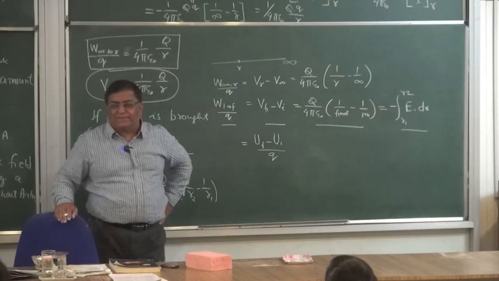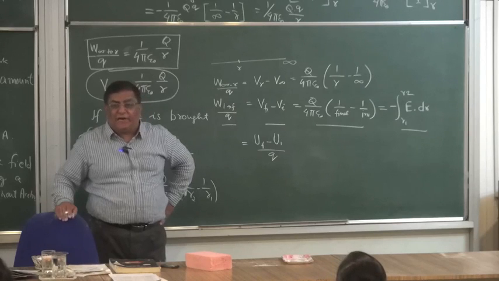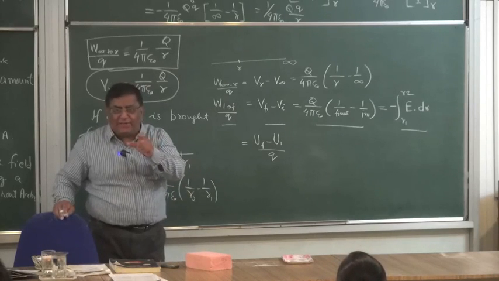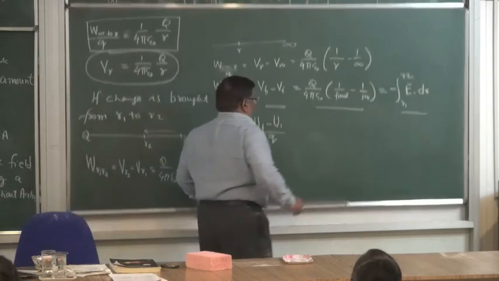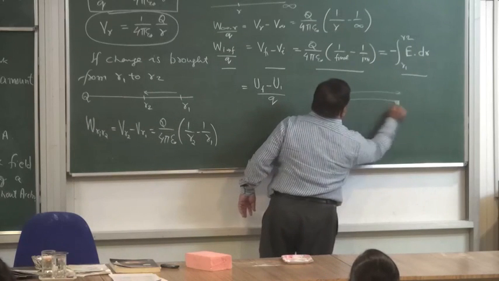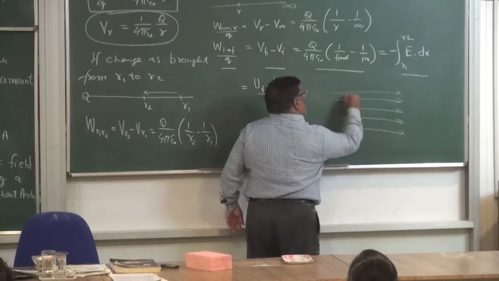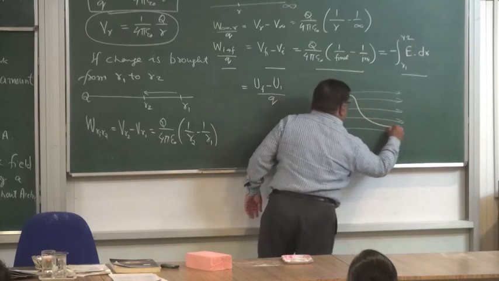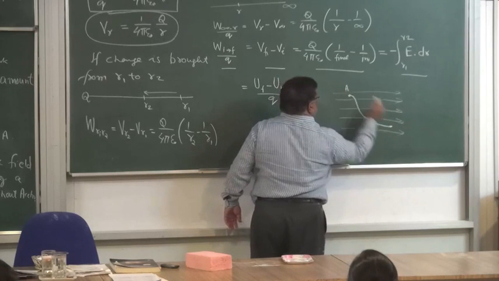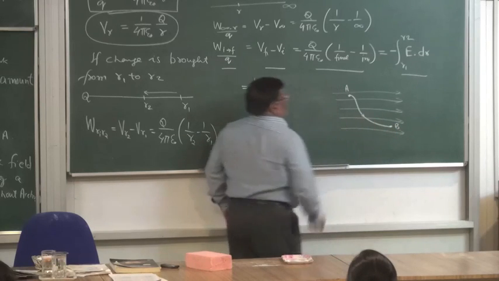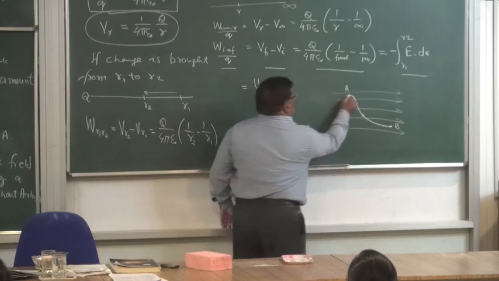What is E dr? DR is length, E is electric field. In some place, if there is electric field, and I draw a path over here this way. This is A, this is B. If I bring a charge in this way, then how much work has to be done?